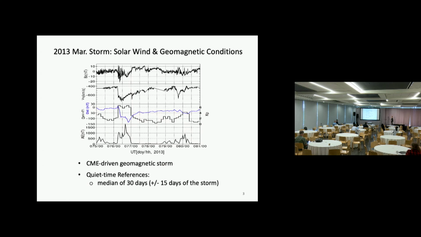So we ran these models for the March 2013 storm event, which is one of the most famous March events. To quantify the storm impact, we use the 30-day median value as a quiet time reference.